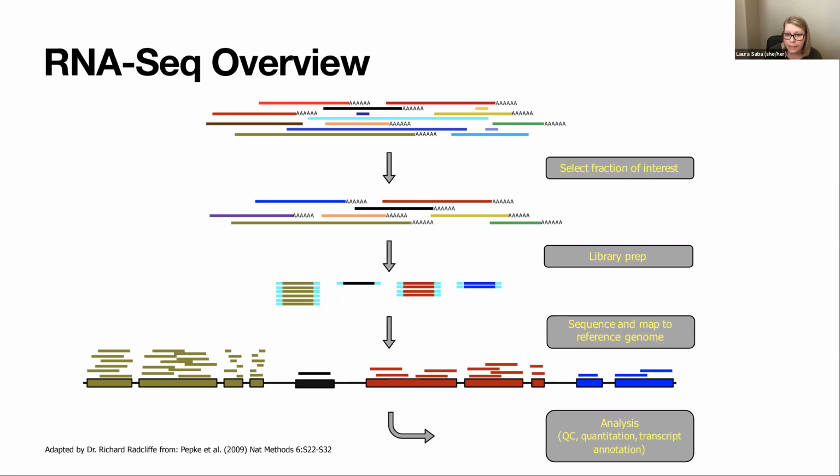Then it comes to the library prep step where we're taking those RNAs, breaking them up into small pieces, and adding all the adapters to enable them to be sequenced on a sequencing machine. In this next step, we put them in a flow cell and put them through the machine. And what we get out are these reads that we eventually have to analyze and piece back together.